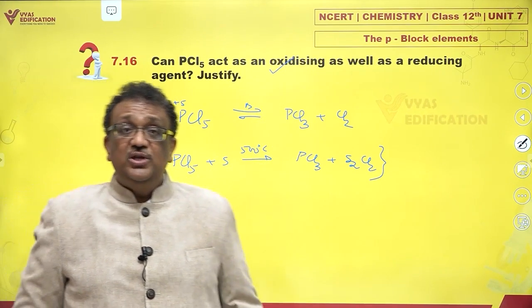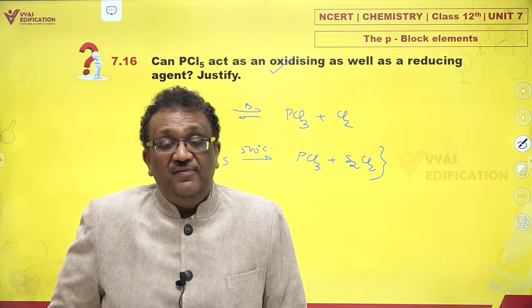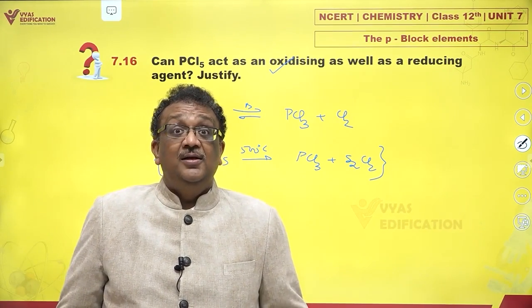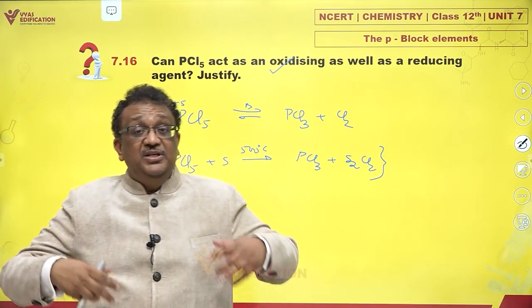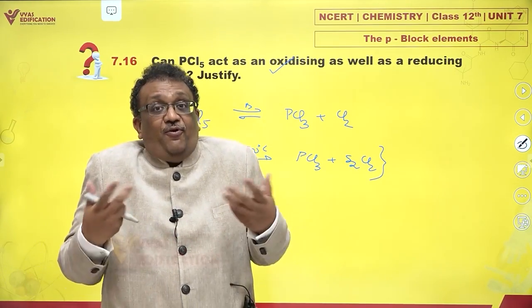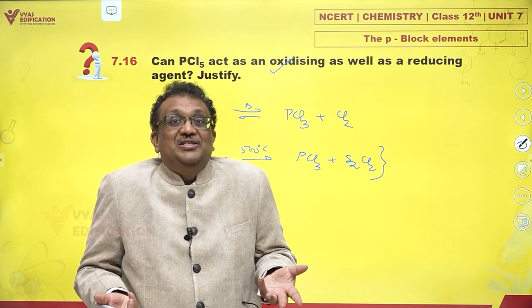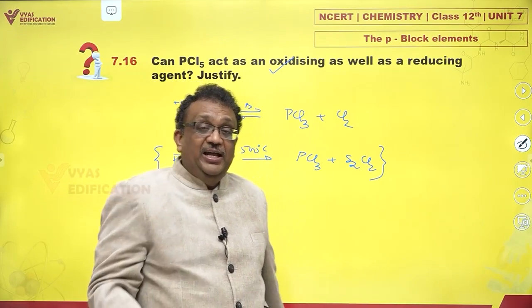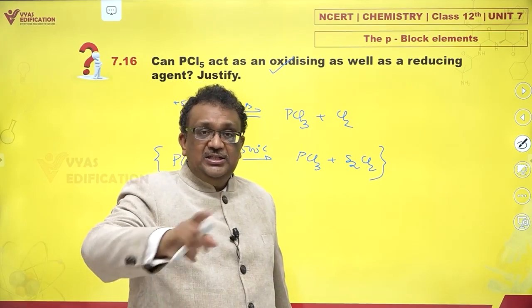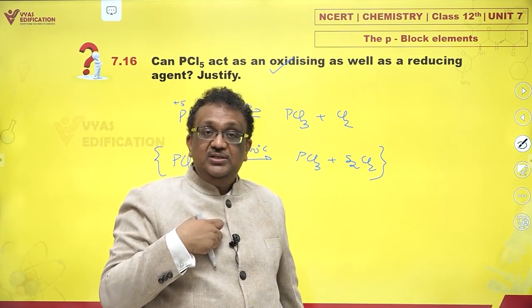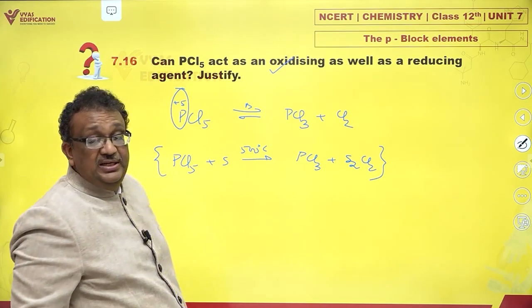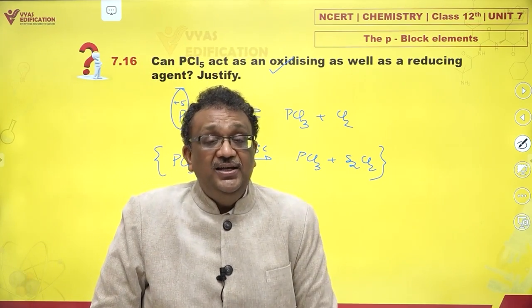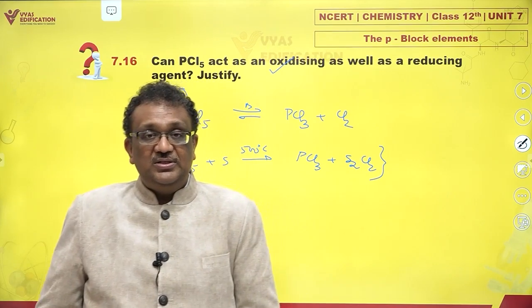Can it act as a reducing agent? If PCl5 has to act as a reducing agent, then PCl5 has to reduce others, and in that process, PCl5 must get itself oxidized, because all reducing agents reduce others and get themselves oxidized. Now, PCl5 contains phosphorus in +5 oxidation state. +5 is the highest possible oxidation state of phosphorus.